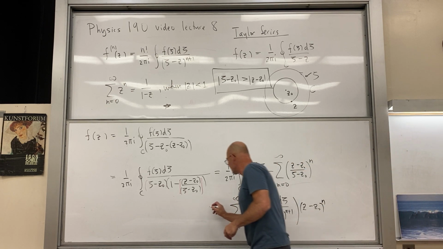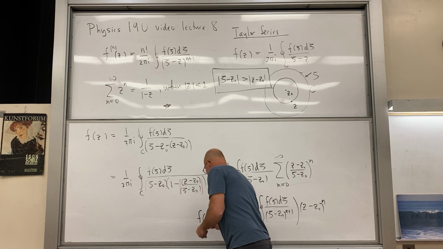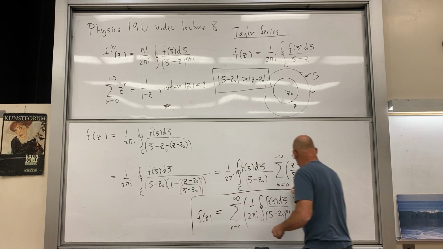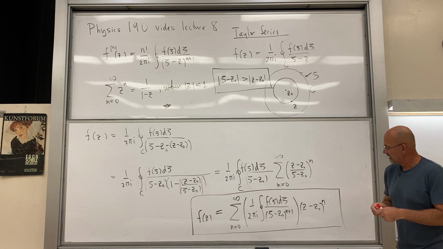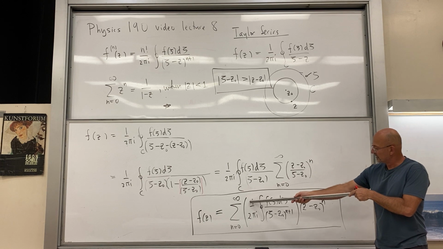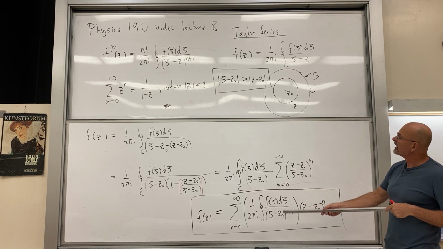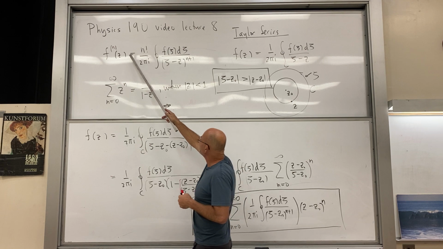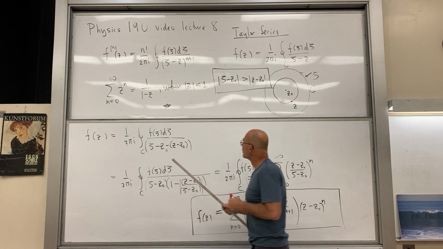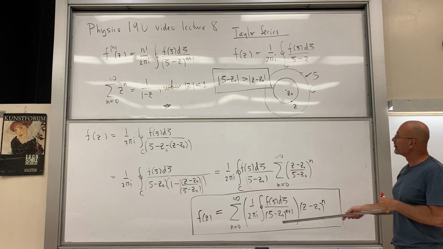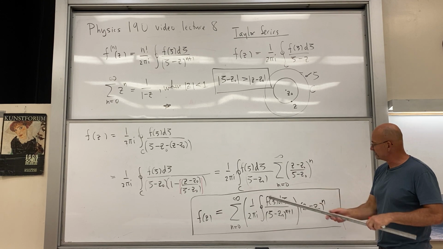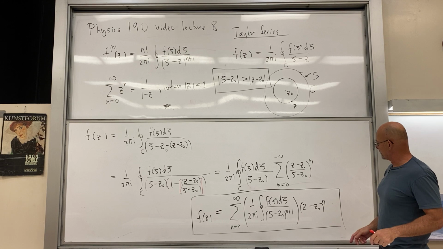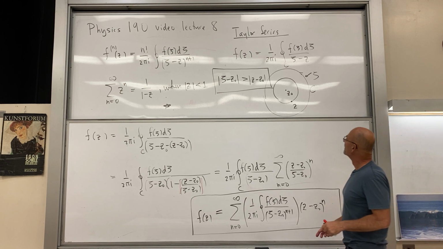And I'll even just say f of z now has this form. And we see what I have in the parentheses here is the nth derivative divided by n factorial evaluated at z sub 0. So this is a Taylor series. These were shown to exist. Good.